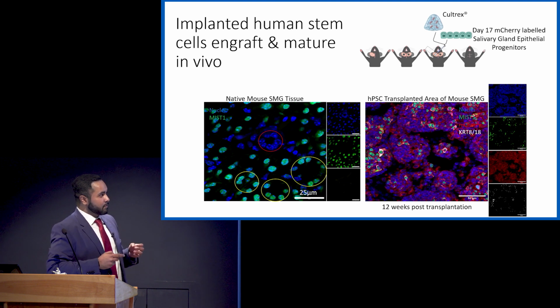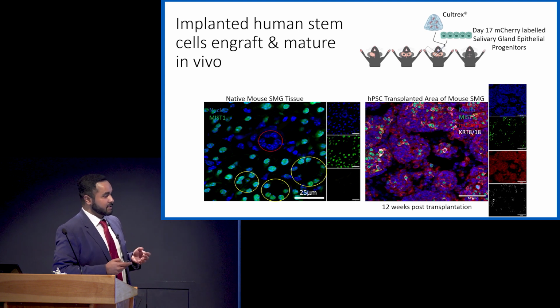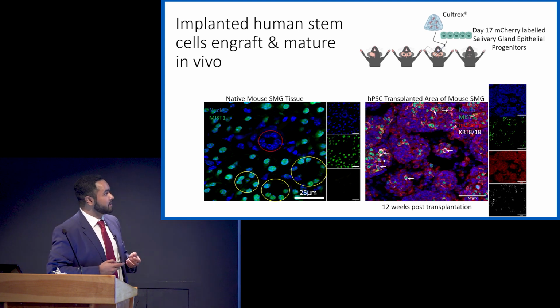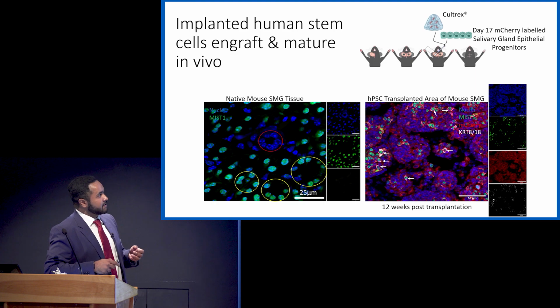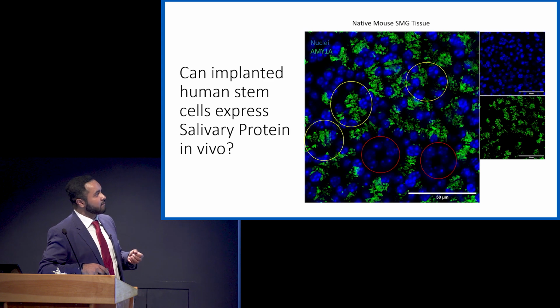So now that we were able to prove our initial hypothesis, what we also hypothesized was whether these cells, once transplanted, can be functional. Can they become functional? So in this section of this mouse tissue, you can see that we checked for amylase, and you can see amylase is present in these vesicular formats towards the internal apical side of these acinar cells.